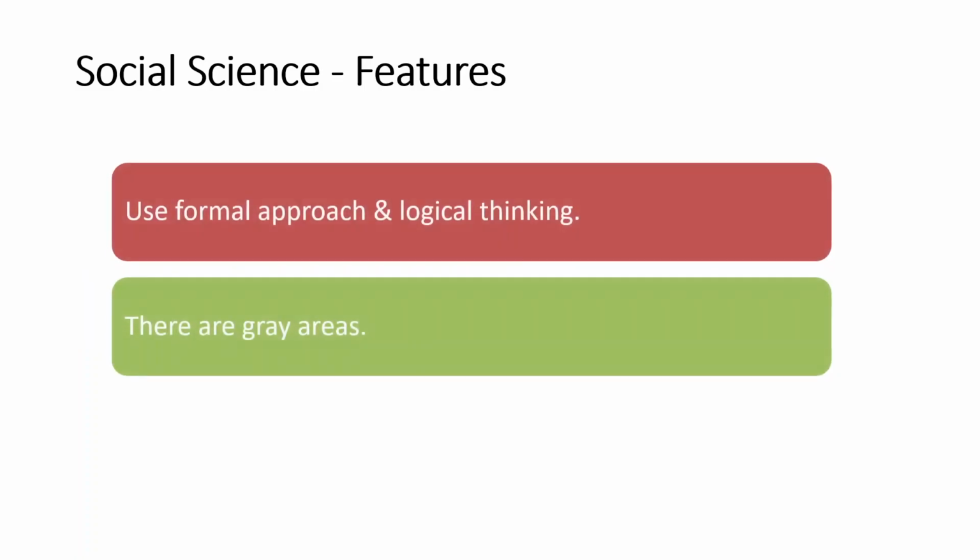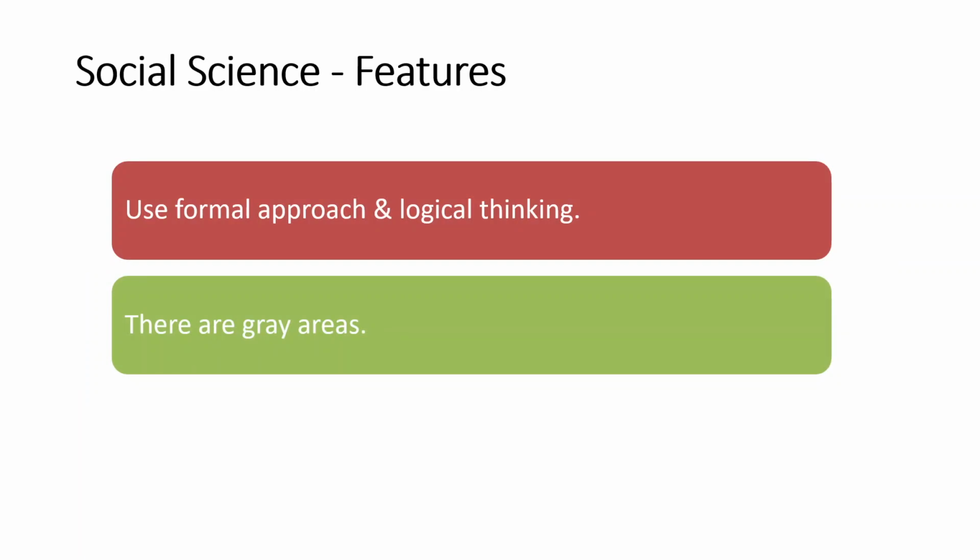So what is the nature of the social science? Again, we use the formal approach and logical thinking. And also, since we are looking at humans, and humans are natural creatures, they are not formal things. Therefore, there are a lot of gray areas, and a lot of things will be challenged, and new concepts will be there, and also some conflicting concepts will exist in the social science.